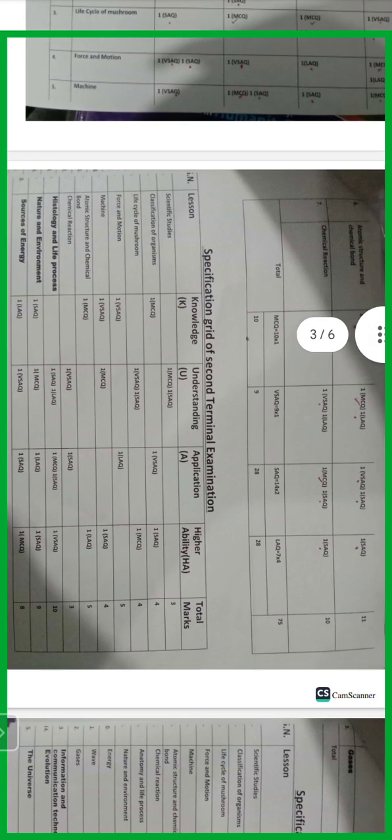But in the previous units that we already studied in the first terminal examination, LAQs came from force and motion, and atomic structure and chemical bonding.